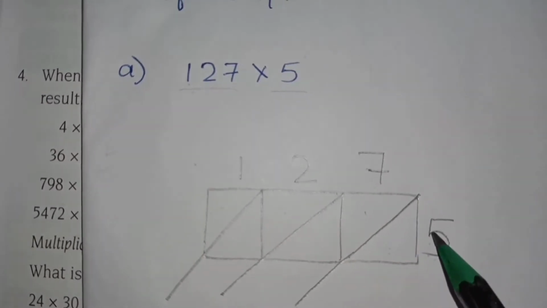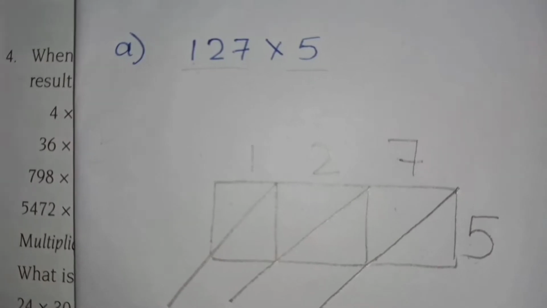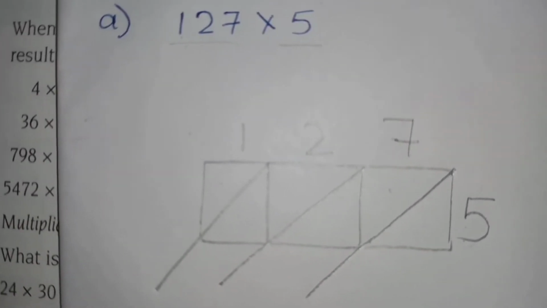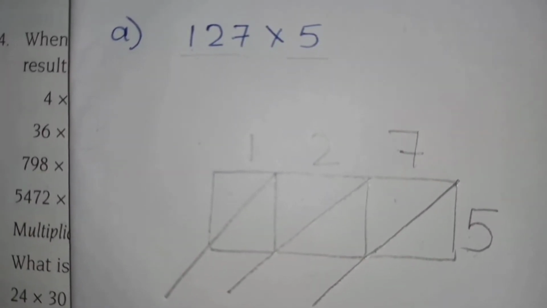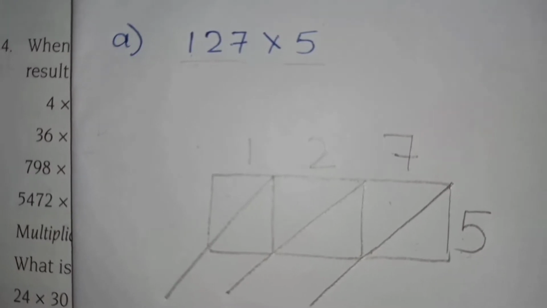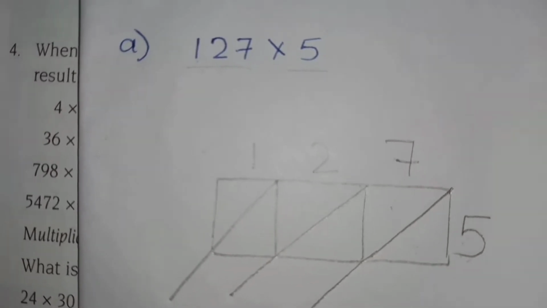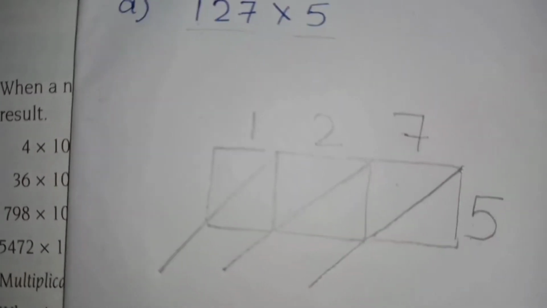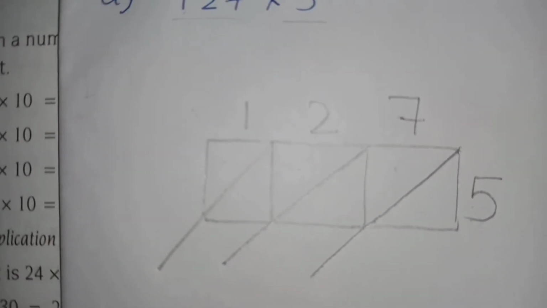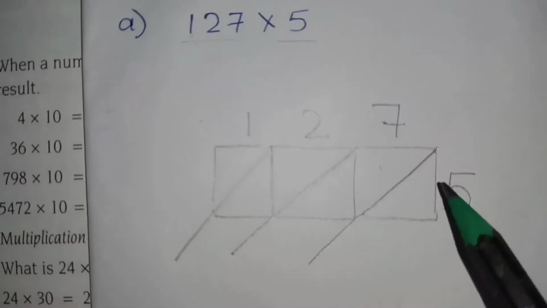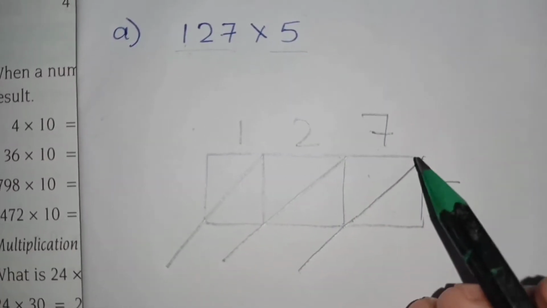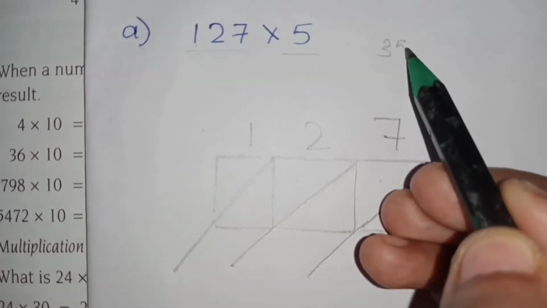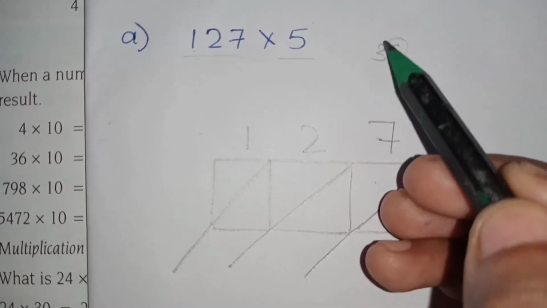So 5 7s. Now let's read the 5 table. 5 1s are 5, 5 2s are 10, 5 3s are 15, 5 4s are 20, 5 5s are 25, 5 6s are 30, 5 7s are 35. So 5 7s are 35. This one is the ones place, this one is the tens place.